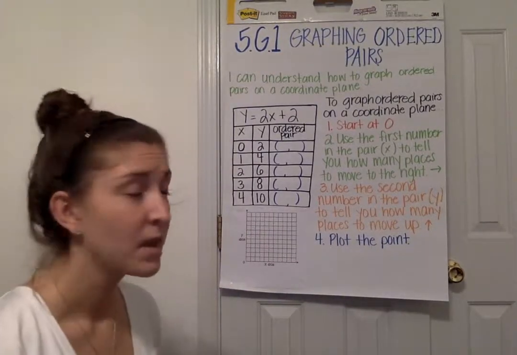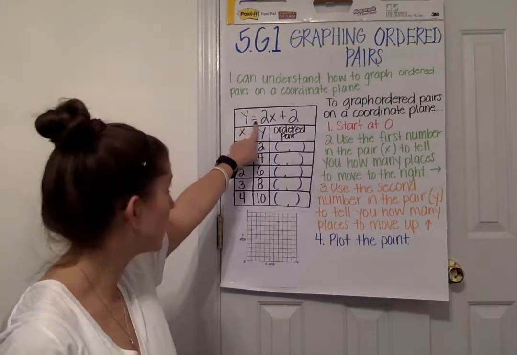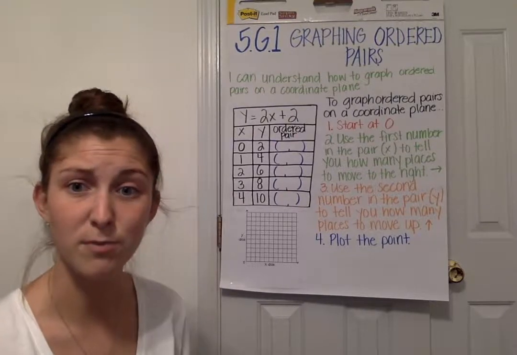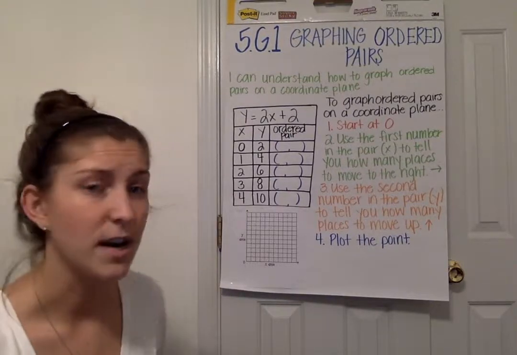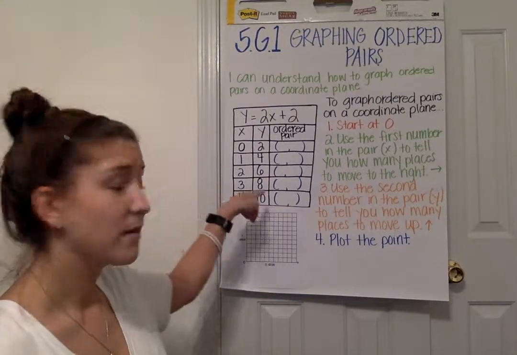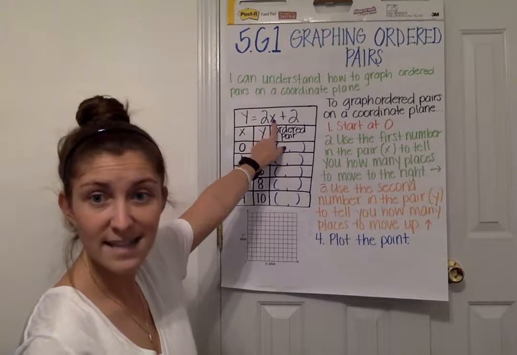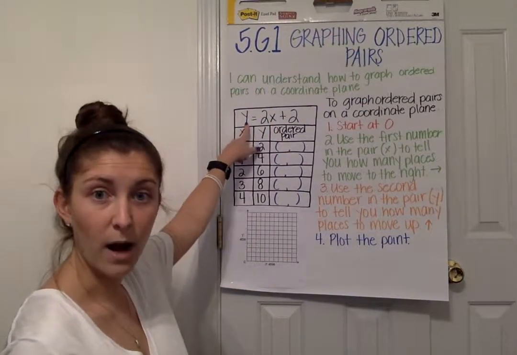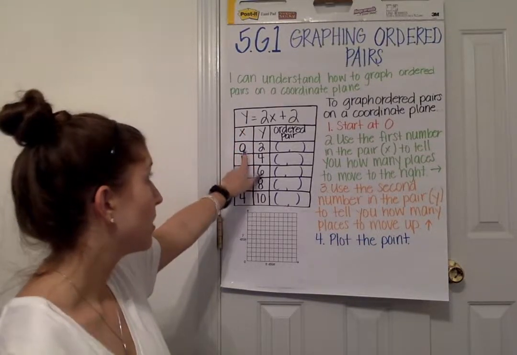Our chart right here, you can see that up at the top, our problem is y equals 2x plus 2. This is really getting into the algebra part of geometry, where you'll learn about this more in 6th grade. What they have done is placed random numbers as x and then solved the equation to get y. Our first x is 0.